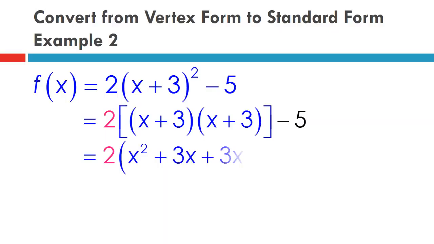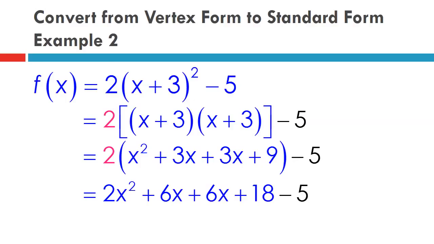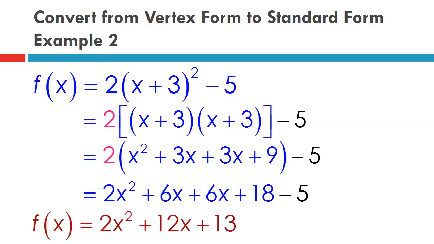And we multiply what's inside the brackets first and get x squared plus 3x plus 3x plus 9. Now we're going to distribute the 2. So we have 2x squared plus 6x plus 6x plus 18 minus 5. And then when you combine like terms, 2x squared plus 12x plus 13.